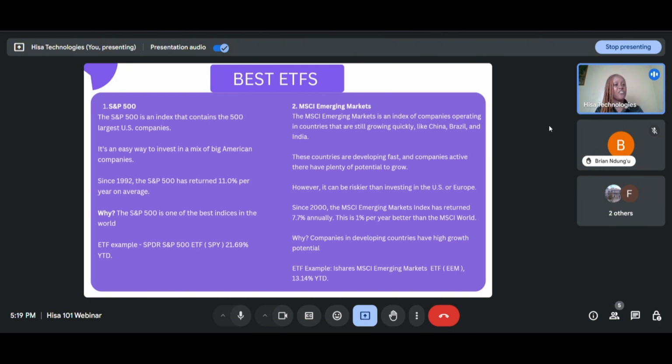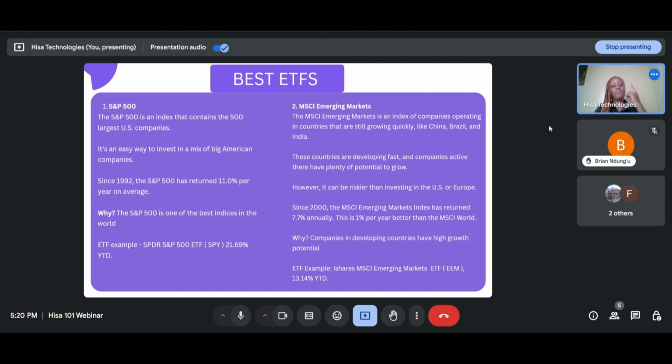And I'll give you an example of an ETF that tracks the S&P 500. One such ETF is the SPDR S&P 500 ETF. The ticker symbol is SPY, and it has given 21.69% since the year started, YTD.